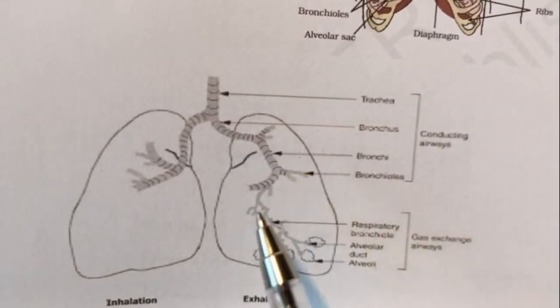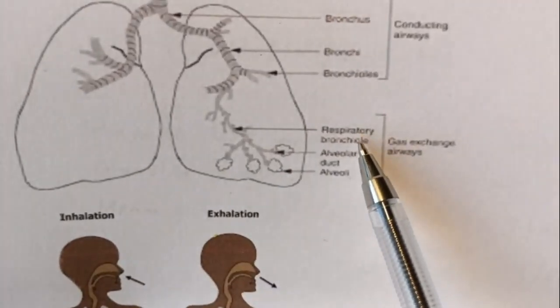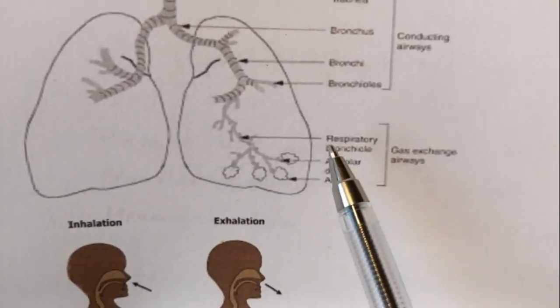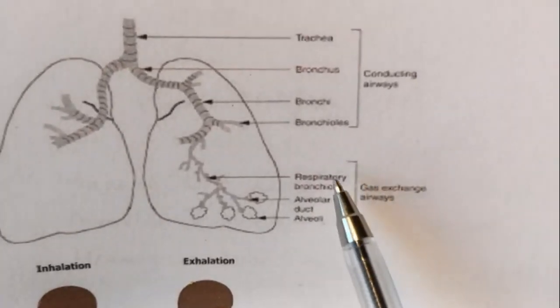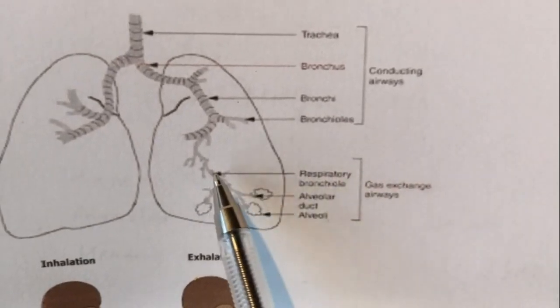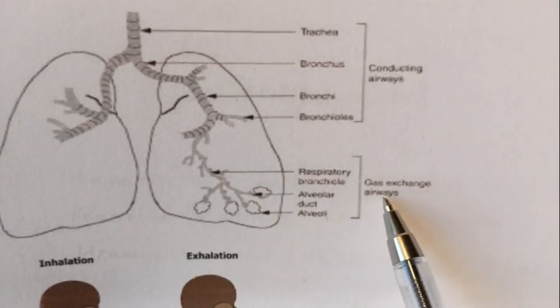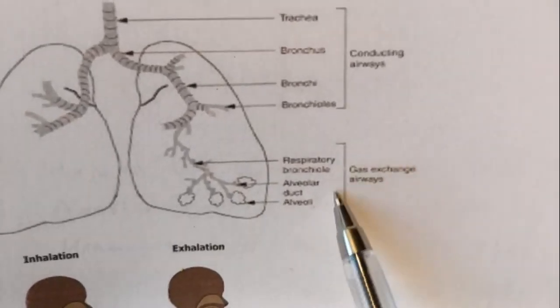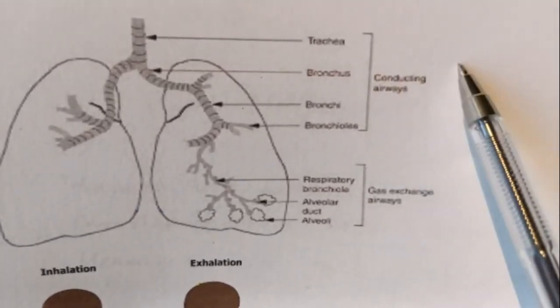The bronchioles further divide and subdivide into respiratory bronchioles. The difference between conducting airways and respiratory areas is that from the respiratory bronchiole onwards, there is gas exchange taking place, whereas in conducting airways, there is no gas exchange.